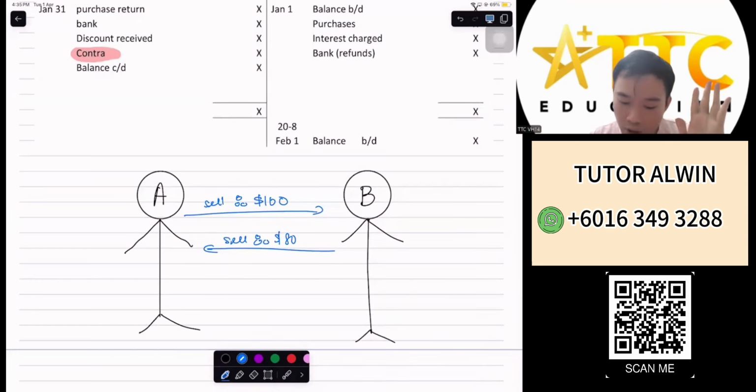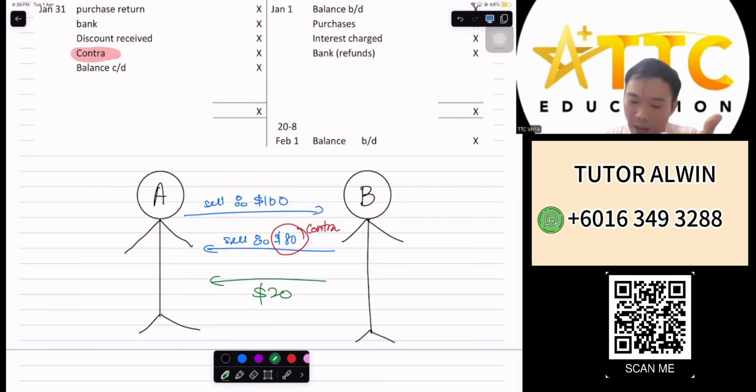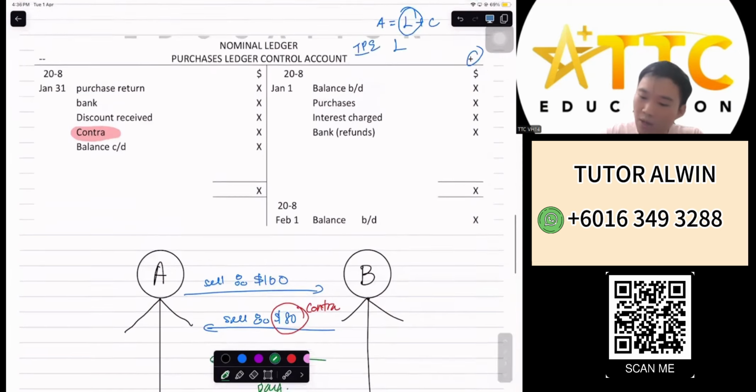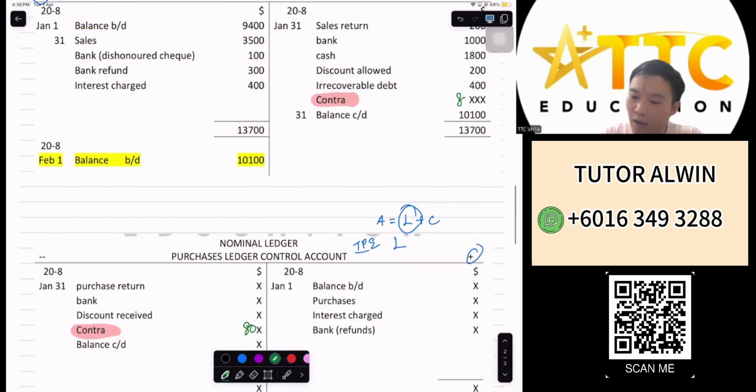So instead of B owing 100 to A, because A will later on give $80 to B, we might as well just net it off. $80 will be the contra amount, and later on when B makes the payment back to A, B will just give back $20 instead of 100. Because I sell to you and you sell to me, we are each other's customers, so the lower one is knocked off, and the one who owes the balance pays the balance. Okay? B will pay A $20. So $80 will be the contra for both here.